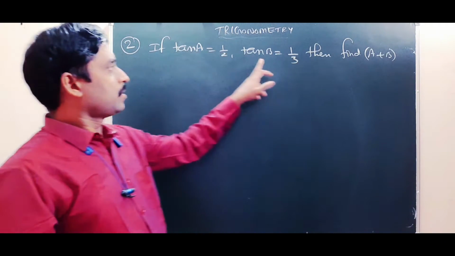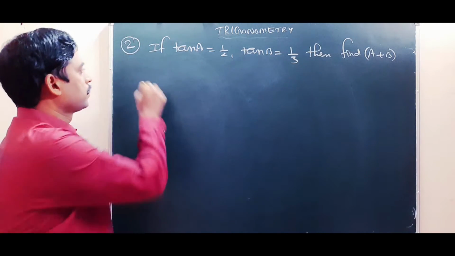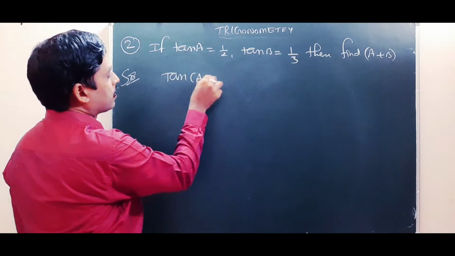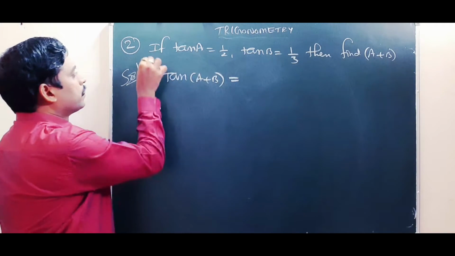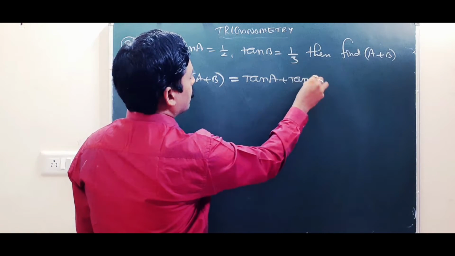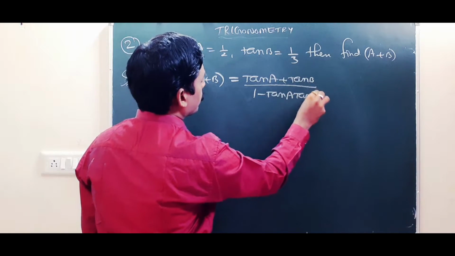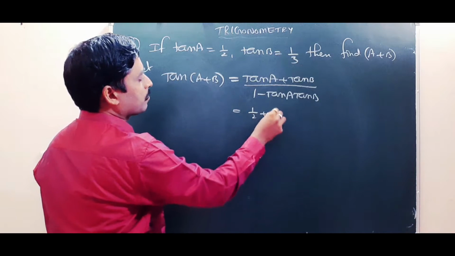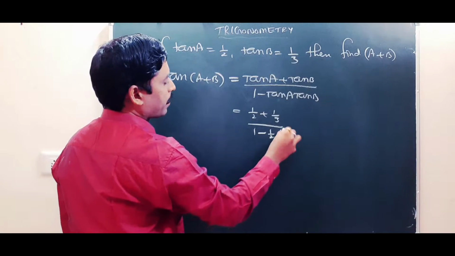So tan A value and tan B value are given, and we have to find A plus B. Okay, let us take the tan A plus B formula. So tan A plus B equals tan A plus tan B upon 1 minus tan A into tan B. It will be, with tan A value given as 1 by 2, 1 by 2 plus 1 by 3 over 1 minus 1 by 2 into tan B value 1 by 3.